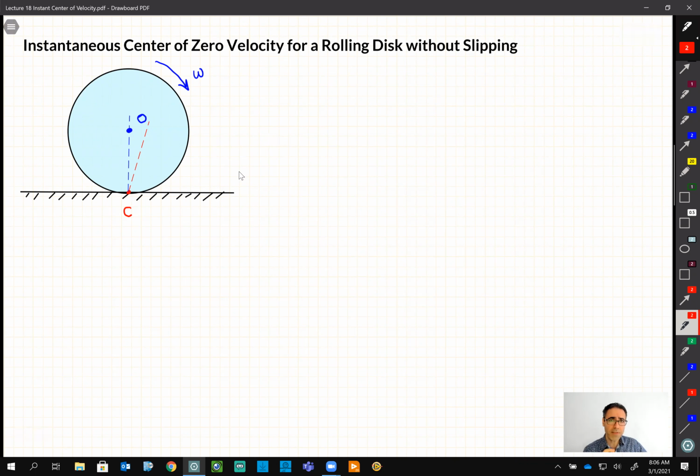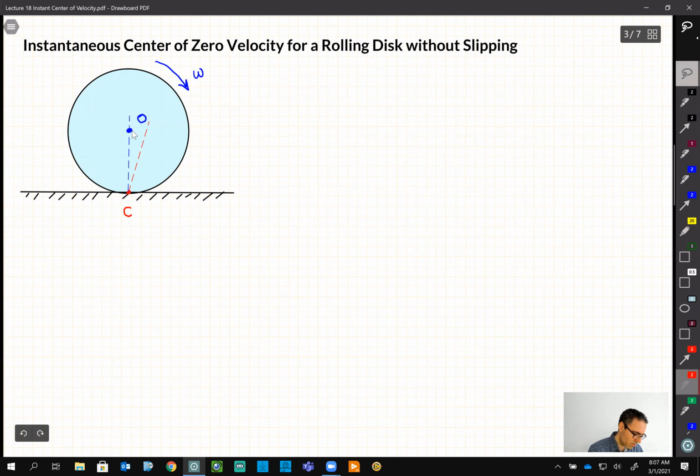And for a very, very short period of time, we can assume that this point C is the center of rotation for point O. In other words, point O is rotating about point C. So in that scenario, I can assume that for a very short period of time, this disk is being pinned to the ground. Let me move the whole thing to the other side.